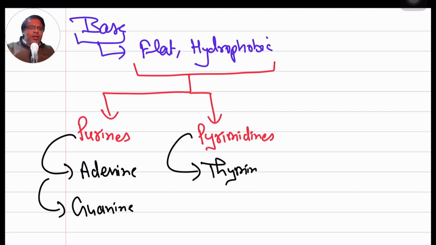While thymine and cytosine are pyrimidines. So these four bases are generally found in DNA. So within the DNA, you are going to have four letters, A, T, G, and C. Keep in mind purines are adenine and guanine, and pyrimidines are thymine and cytosine.